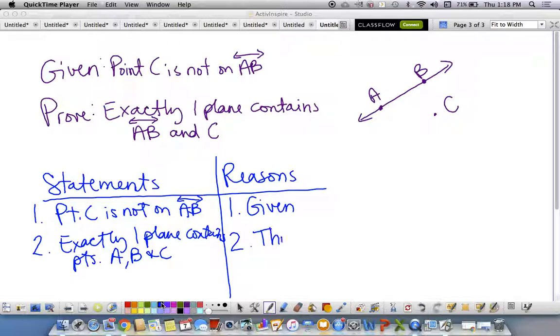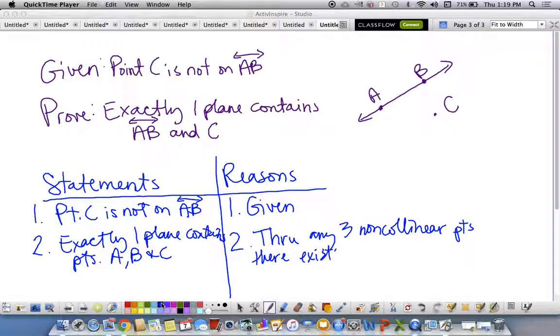If you want to abbreviate, there's an abbreviation for through. Through any 3 non-collinear points. Do I need the word non-collinear? Actually, I do. 3 non-collinear points exists exactly one plane.